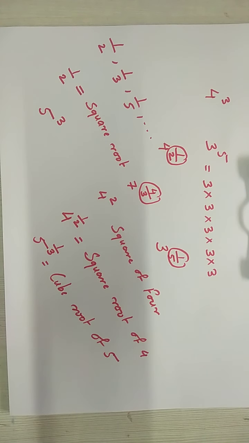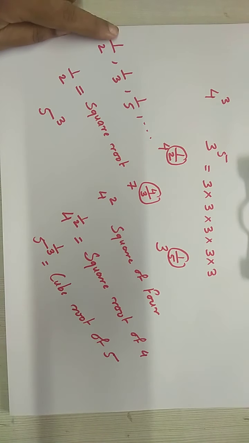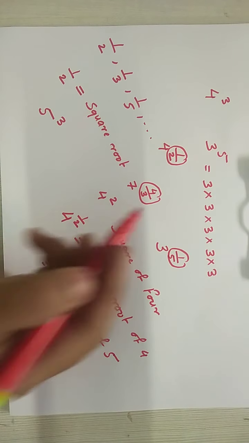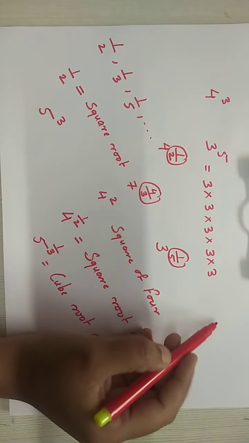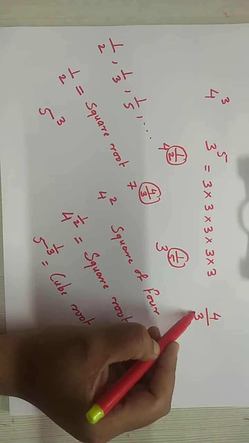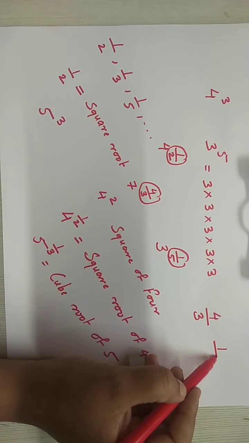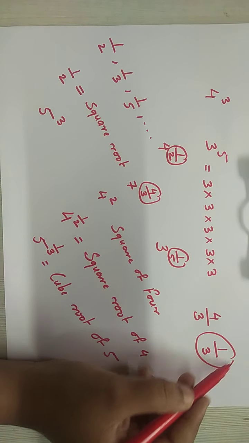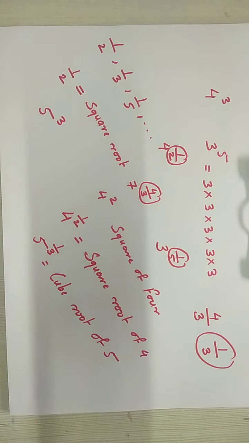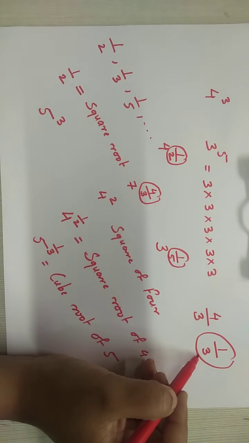So, in the first exercise, we'll be learning only the rational indices with numerator 1. We'll also be learning rational indices with numerators like 4 upon 3, where the numerator is not 1. But in the first exercise, we'll be learning only indices with numerator 1.